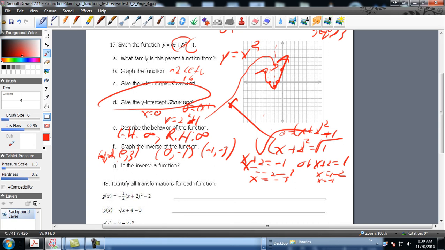I'm going to create another axis over here so you can see what's going on. Okay, 0, 3 becomes 3, 0. Minus 3, 0 becomes 0, minus 3. Minus 1, 0 becomes 0, minus 1.